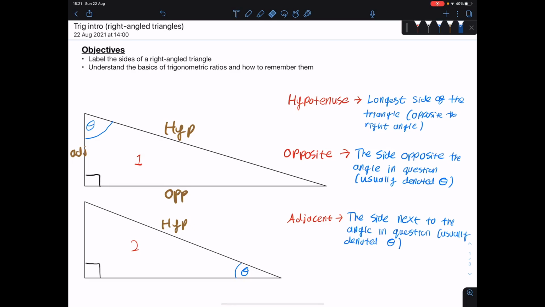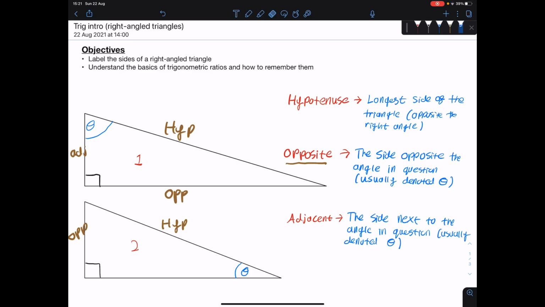Okay, so now let's label the opposite side. This is a side opposite the angle in question. Here, the angle in question is theta in the bottom right-hand side. So if we look at the side opposite this angle, we get this side over here as our opposite side.